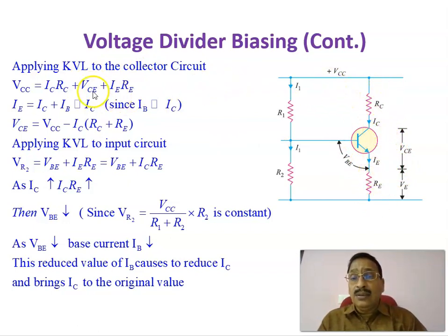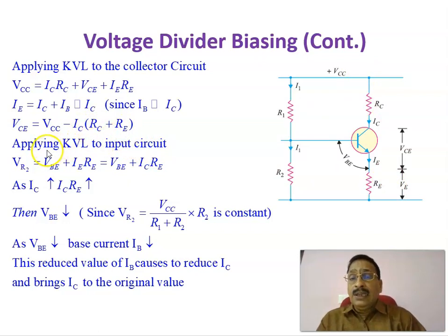Now we assume that since base current is very small, IE is approximately equal to IC, and then we get VCE equal to VCC minus IC into RC plus RE. That is the voltage across collector to emitter.